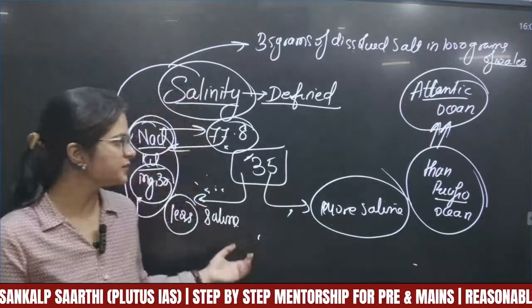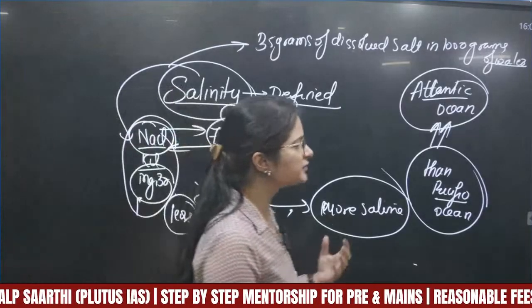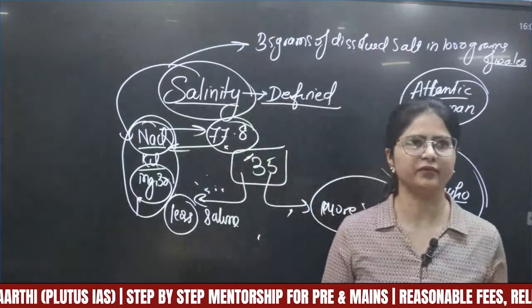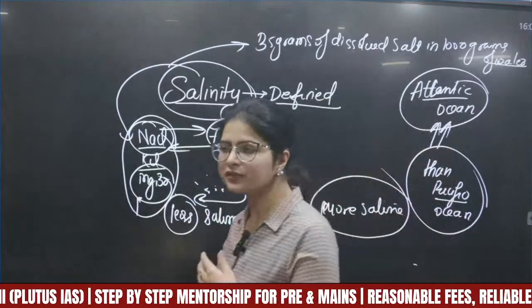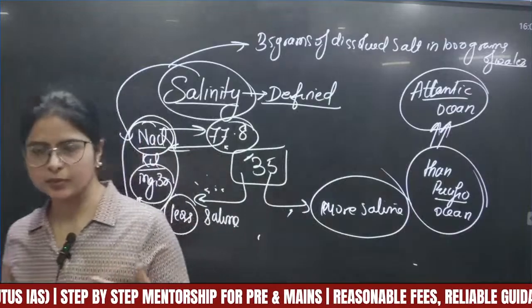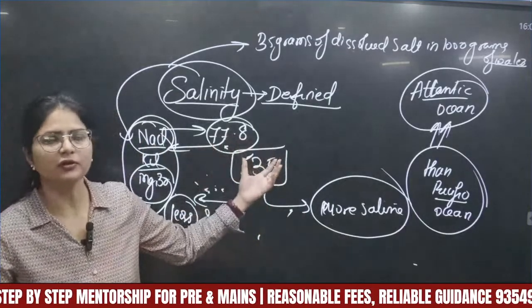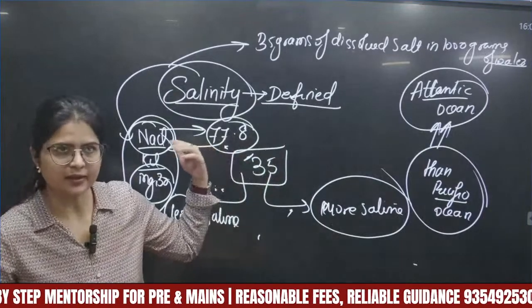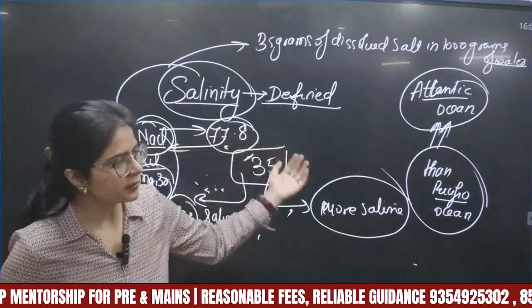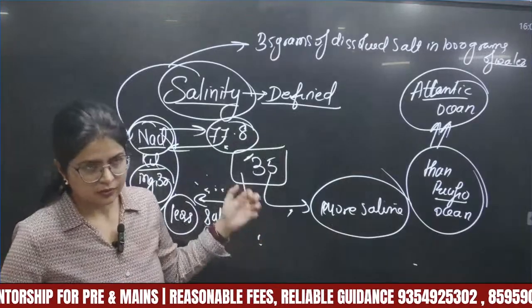But the point is, right now we have to understand why the salinity is not distributed equally everywhere. The distribution of salinity is not equal because, as I said, insolation is not coming in an equal manner at every latitude. What we call it as?